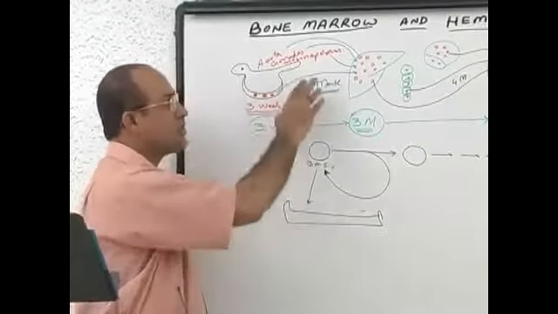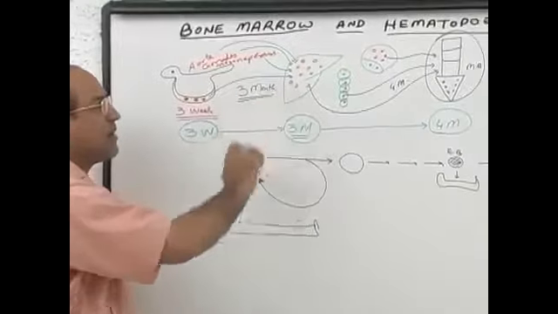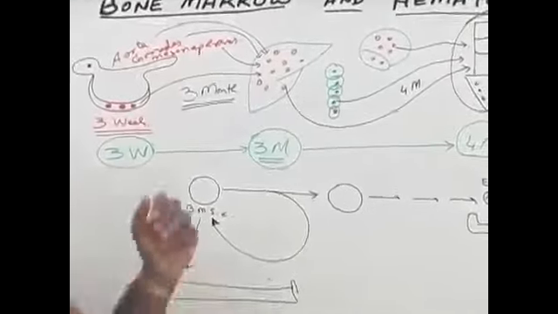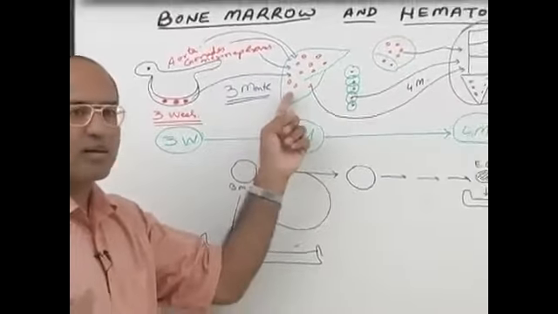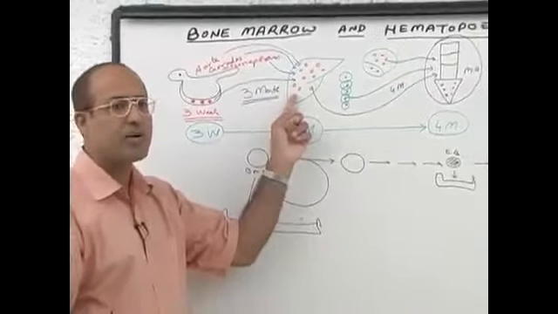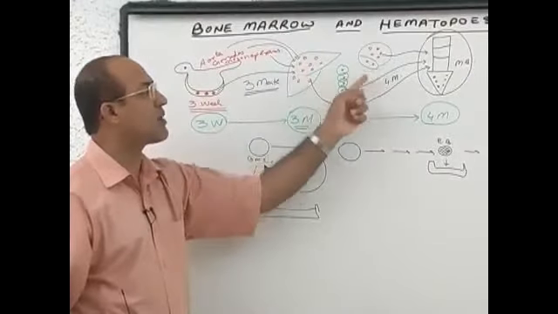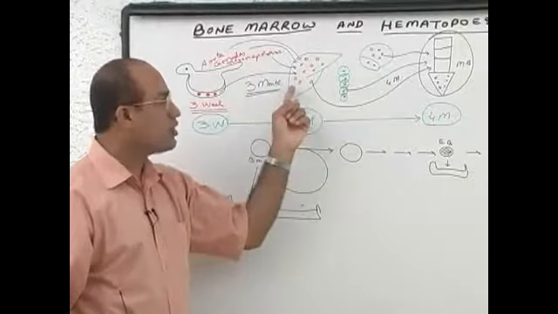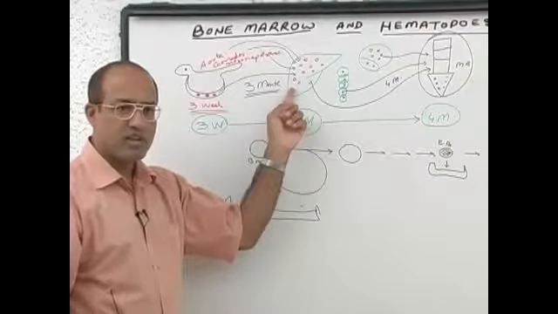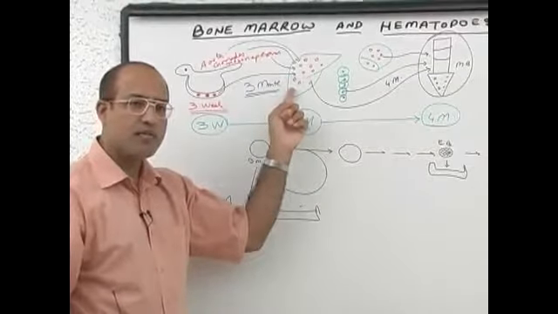These stem cells shift to the liver around the 3rd month. From the 3rd month, the liver starts hematopoiesis mainly, and a little bit of hematopoiesis also starts in the spleen and lymph nodes. The liver continues hematopoiesis up to near the time of birth.